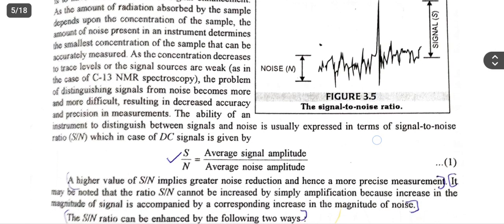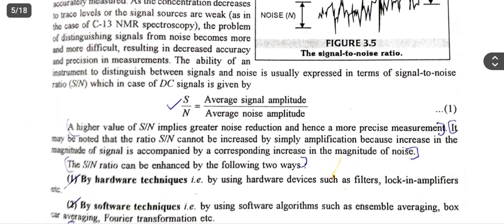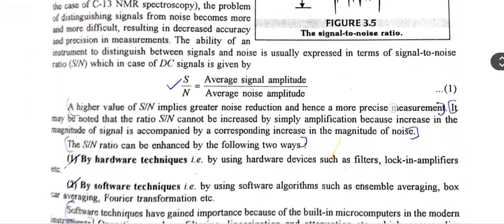The ability of an instrument to distinguish between signal and noise is usually expressed in terms of signal to noise ratio, S/N, which in the case of a DC signal is given by average signal amplitude over average noise amplitude.